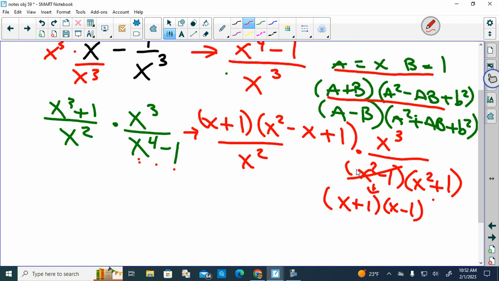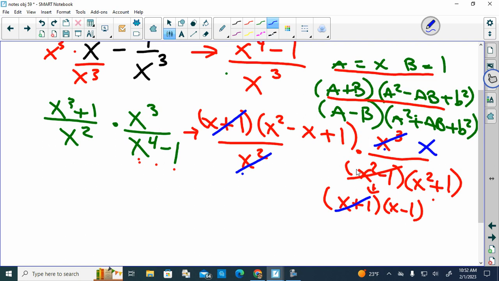Okay, so now we're looking for things that we can cross cancel. So do I have an x plus 1 on the top and the bottom? Yes. So I've got an x plus 1 and an x plus 1. I don't have another equation that has the x squared minus x plus 1. Okay, what about these guys? Right. So this would go up to the top, move smaller to larger, subtract the 2 from the 3, so it's just going to leave it as x.